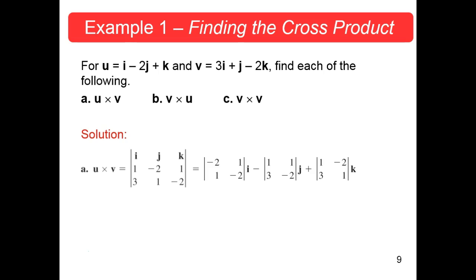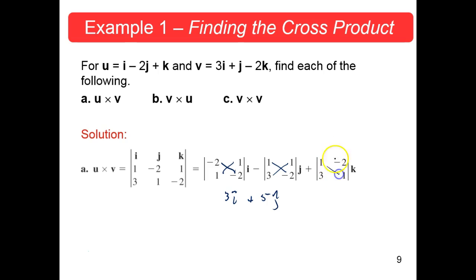So that would be, oh man, that'd be 4, I can't talk. The down diagonal is 4 minus 1, so that would be 3i. And then you have a minus here, that's a minus 2, minus 3 is minus 5, so that's positive 5j.